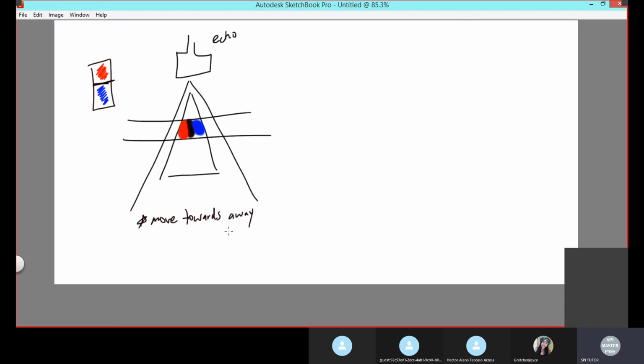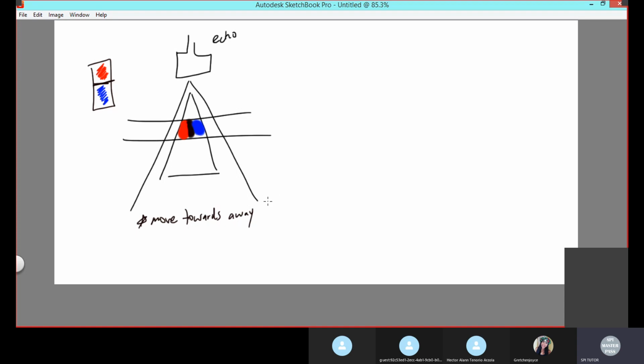It just means you move towards the away color. You start at the towards color, because that is where you start, and then you move in the direction of the away color.